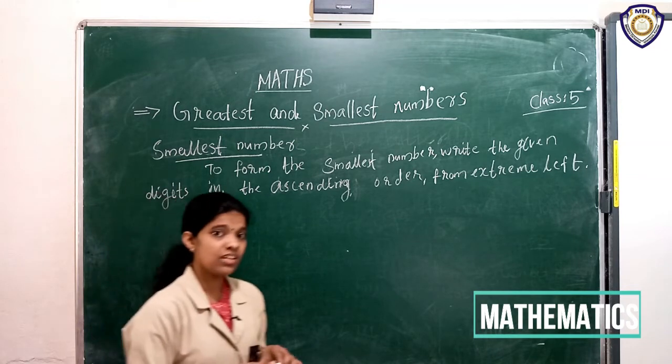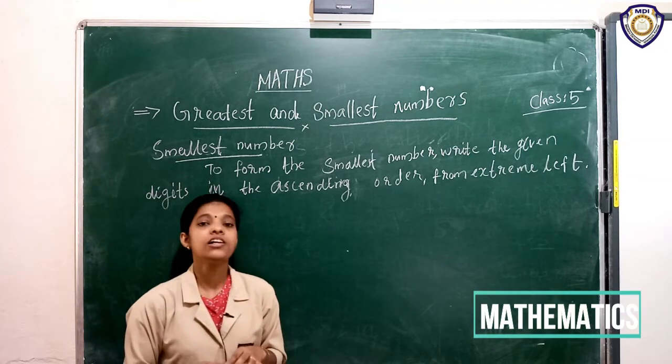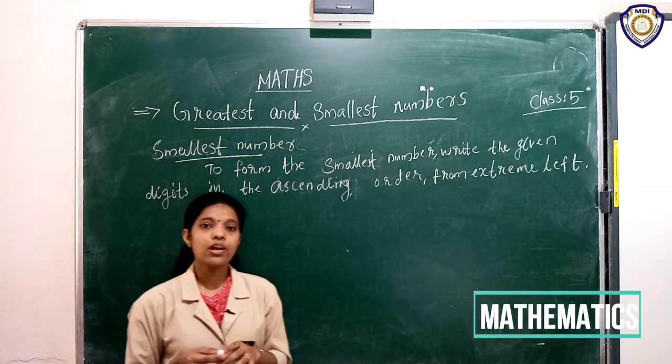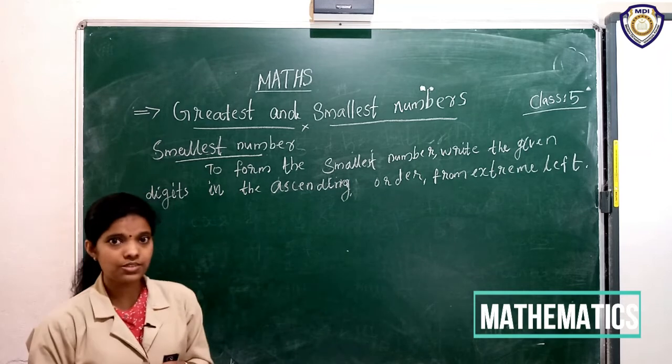Ascending order means smallest number to largest number.